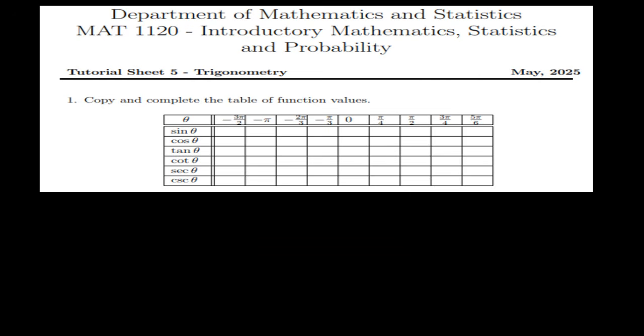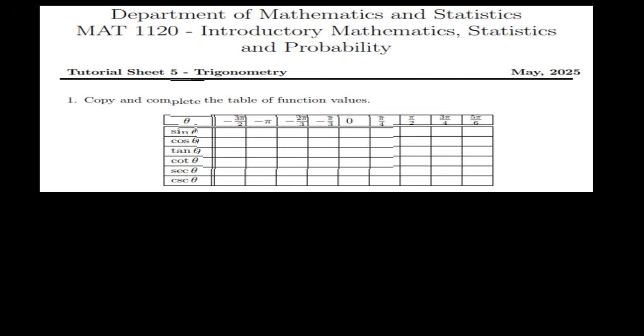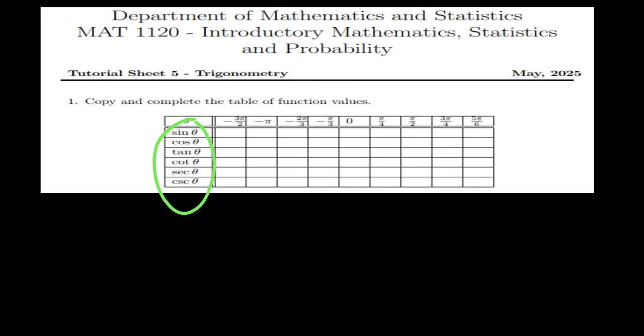Okay, and there we have our trigonometric ratios, sine, cosine, tan, cosec, and we've been given values here, negative, negative, negative, negative, like that. To explain this further, I'm going to use a table. Allow me to use a table.